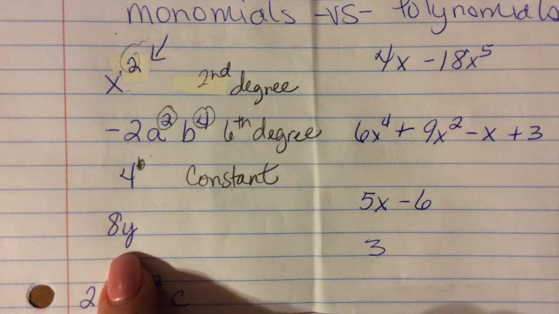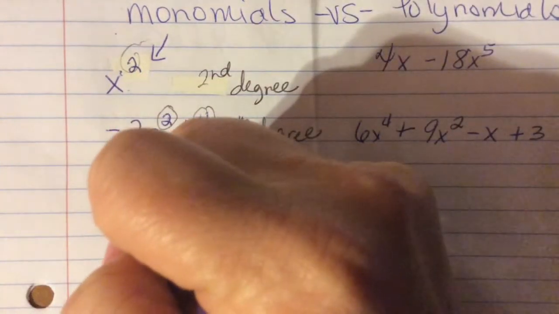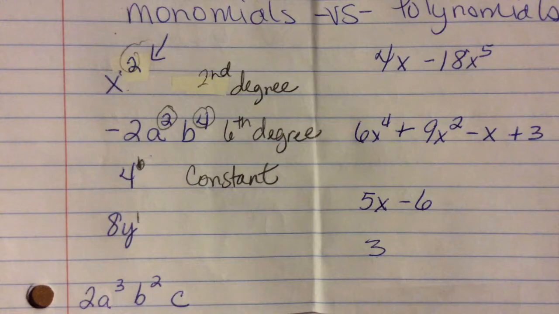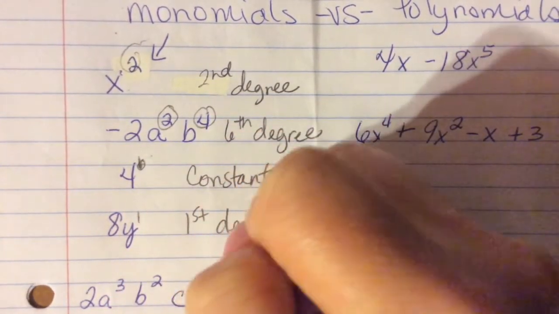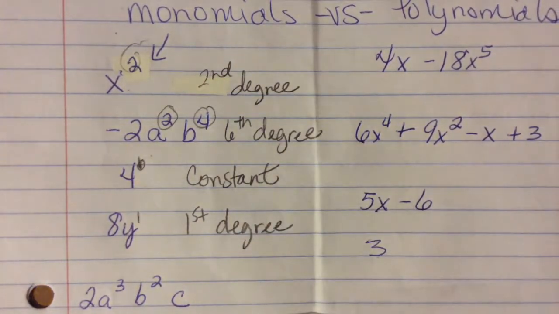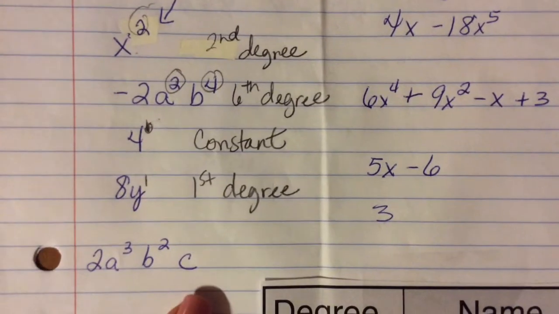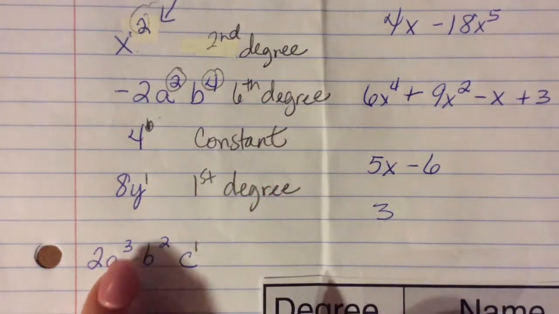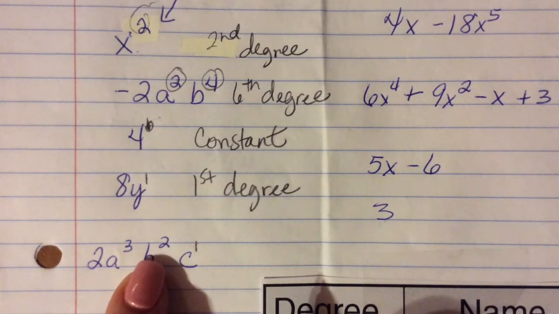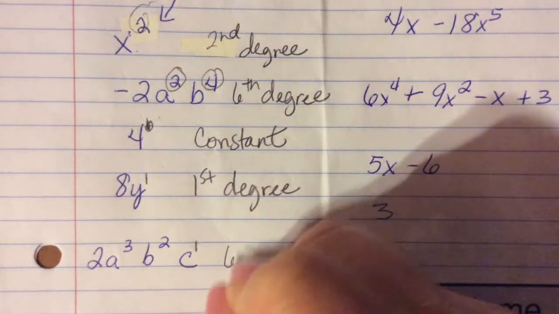This one, since it has a variable, is the one that has the 1st degree. Then looking at this one, we'd put a 1 at the C, so we add it up: 3 plus 2 is 5, and 1 is 6. So this is to the 6th degree also.